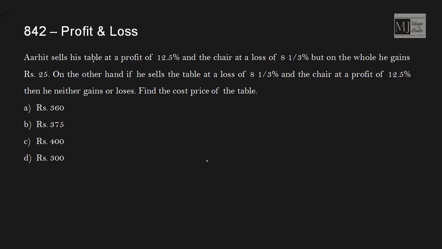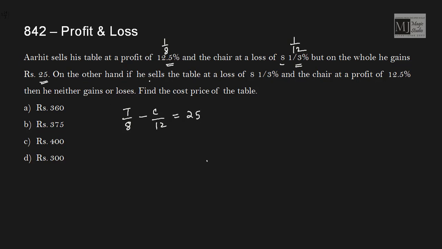Arhit sells his table at a profit of 12.5%, that is 1/8, and the chair at a loss of 1 by 3%, that is 1/12. But on the whole he gains rupees 25. So we can say T by 8 minus C by 12 is 25.